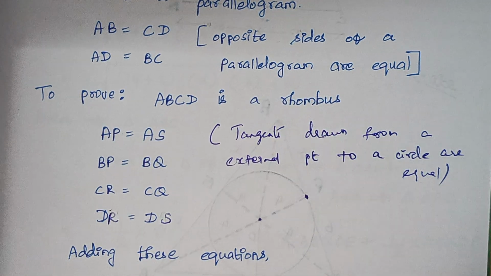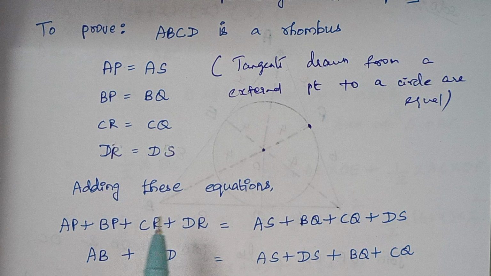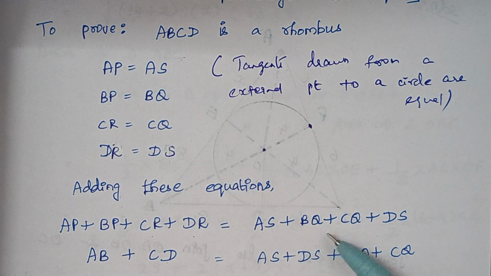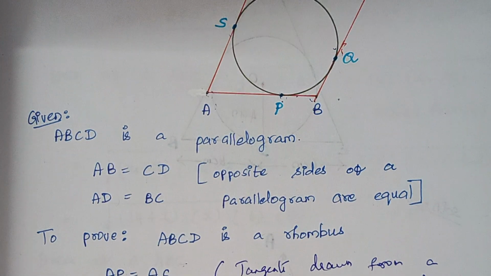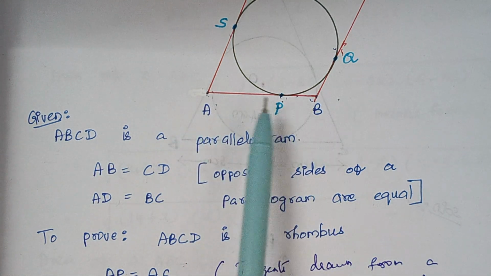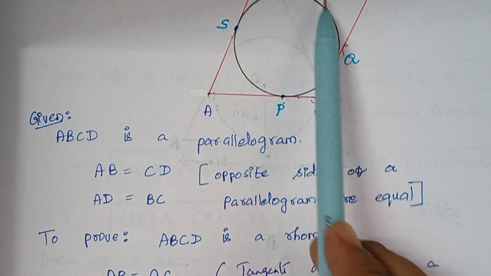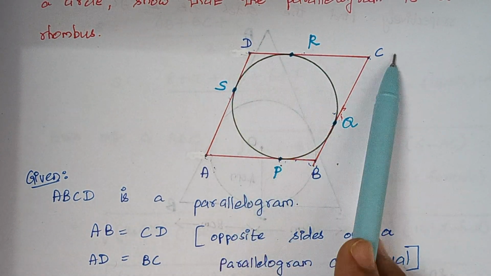Now we add these equations, all the left hand terms together and the right hand side terms together. AP plus BP plus CR plus DR is equal to AS plus BQ plus CQ plus DS. Looking back at the diagram, AP plus PB is nothing but AB, and CR plus DR is equal to CD.